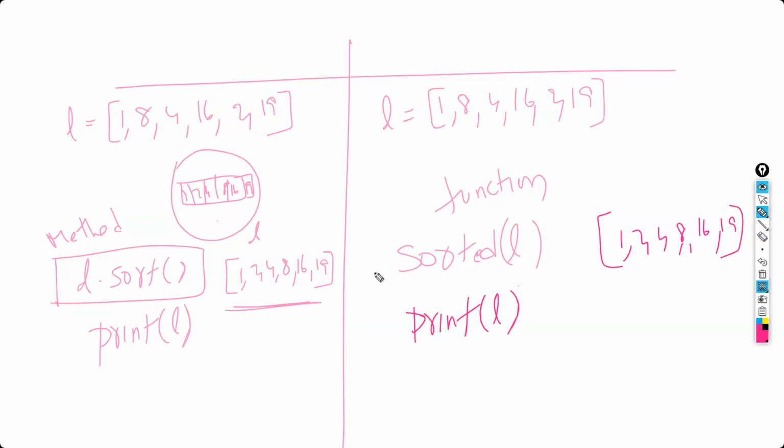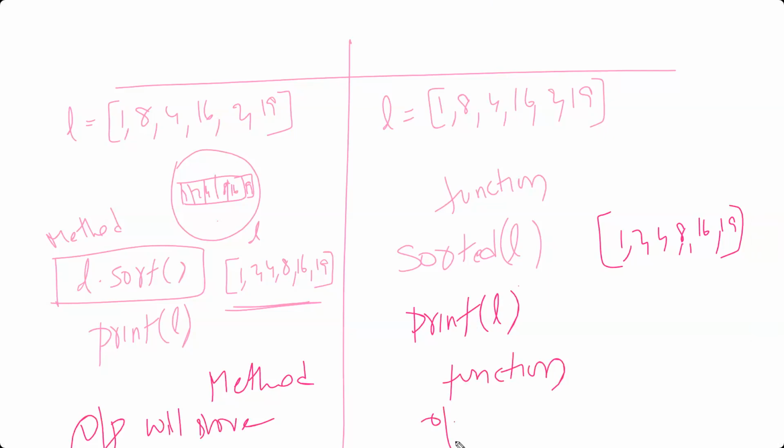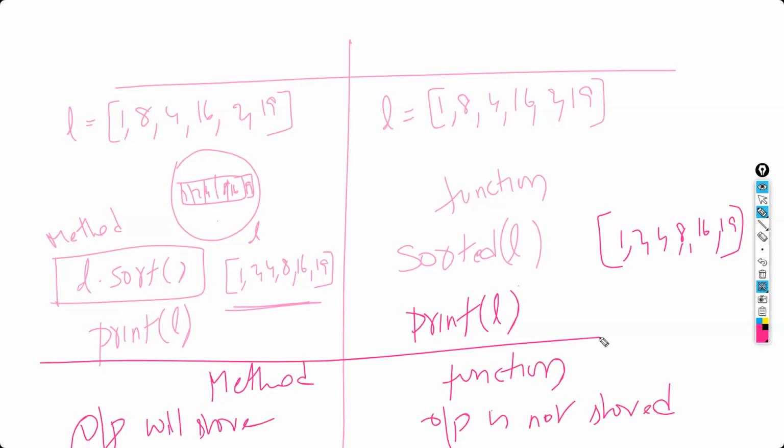This is a method. This is a function. The method will store the output automatically after execution. The function's output is not stored. Those are the two differences between both of them, and that is the interview question.